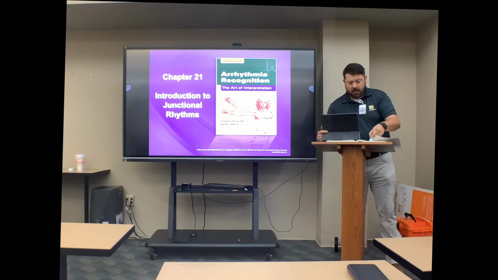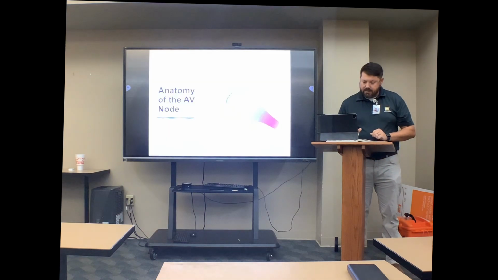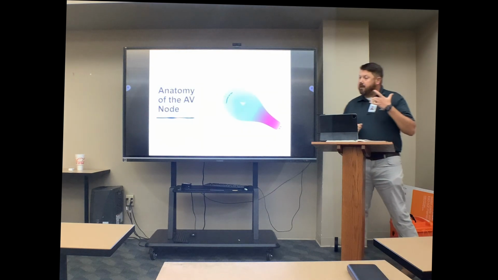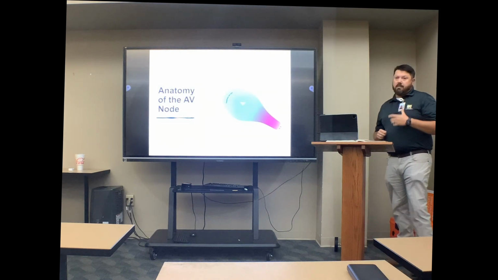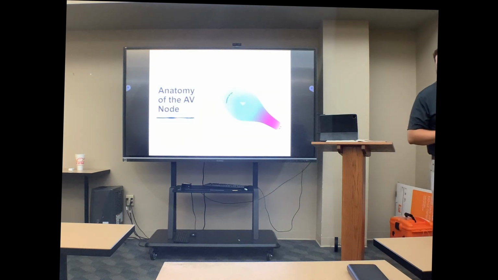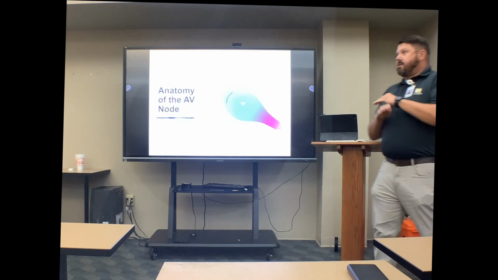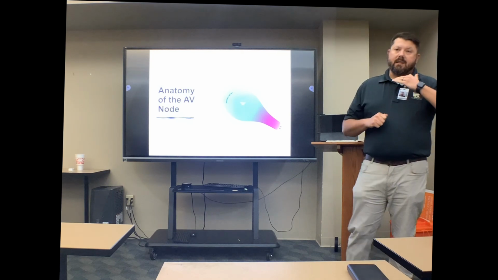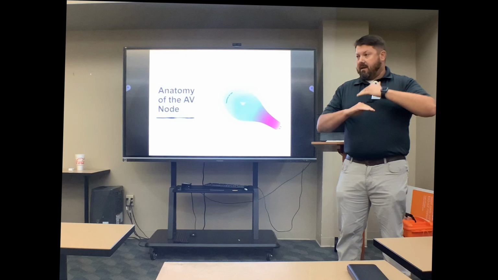But if you notice with your AV node, we know the location of the AV node. It's going to be just inferior to the atria, but there's a transitional area in between the atria and the AV node.